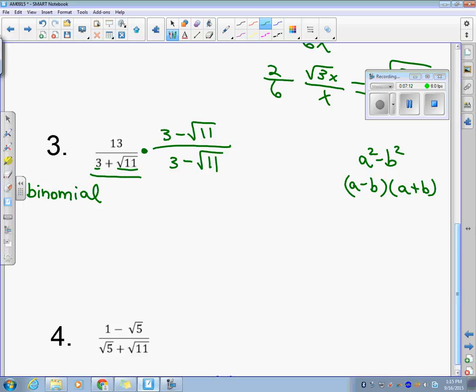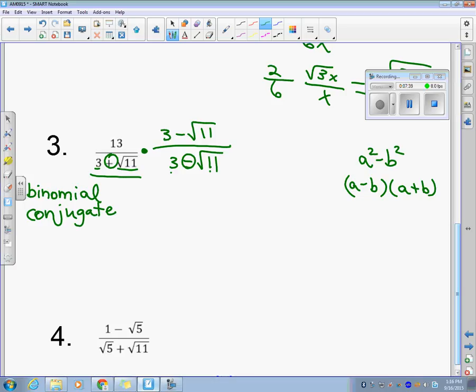And in mathematics, we've given this a name. It's called the conjugate. A conjugate is a binomial that matches term for term, and it has a minus if you start with a plus, and a plus if you start with a minus.